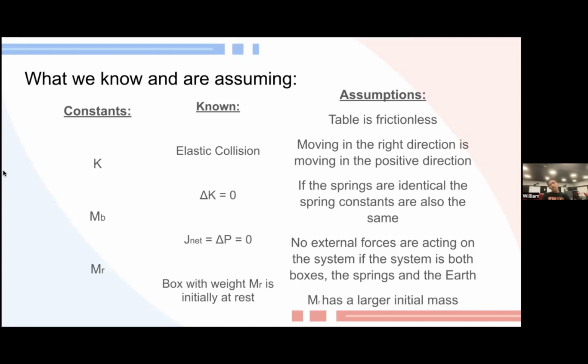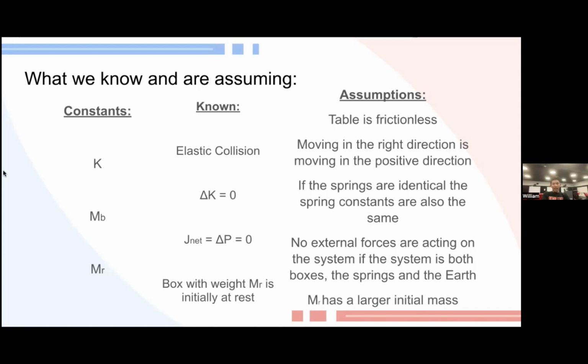So our assumptions, and also what we know: the table is frictionless. Moving in the right direction is the positive direction. If the springs are identical, the spring constants are also the same among the two springs. In our system, there are no external forces acting on the system.